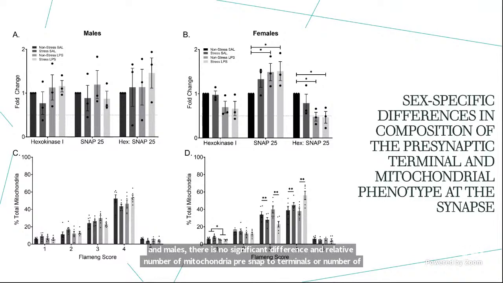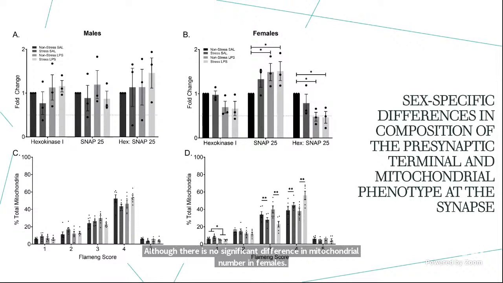increase and decrease, respectively. In Figure C, we see flaming scores, which is an assessment of mitochondrial phenotype and a proxy of mitochondrial health.